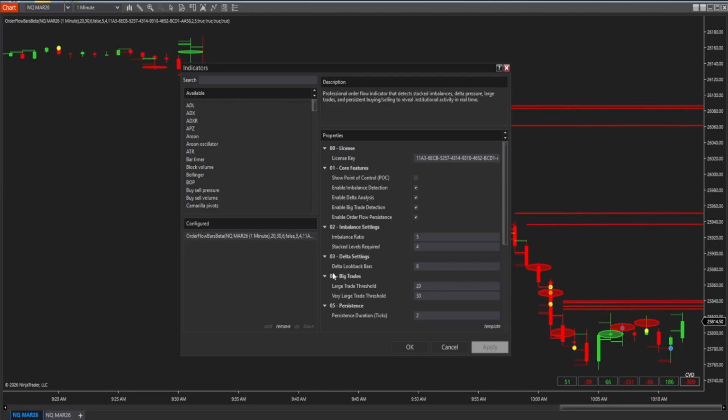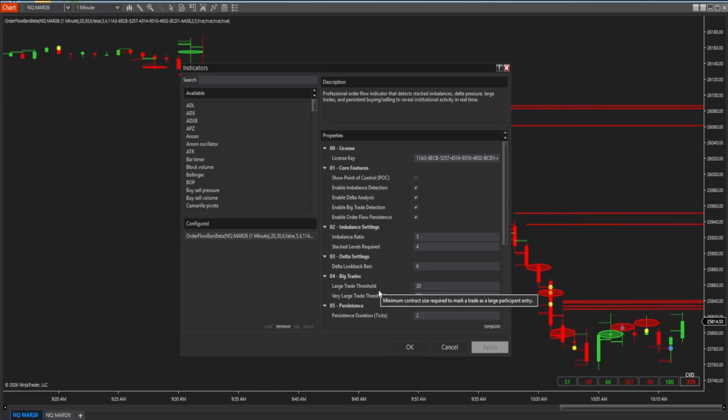And for the delta settings, we have delta look back bars of 6. And then for the big trades, the large trade threshold is set to 20 and the very large trade threshold is set to 30. So the blue or yellow dots are your first one, the large trades.